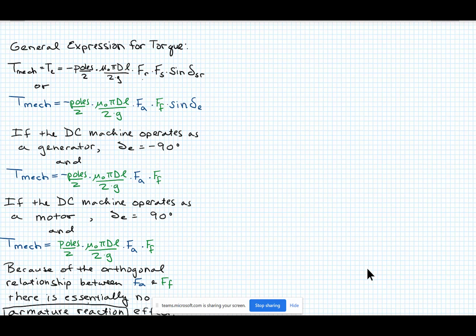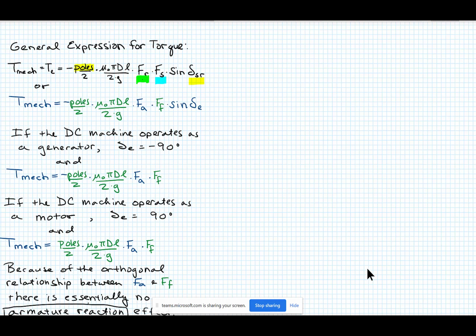This general expression has the two MMFs: the rotor MMF here, that's the field, the stator MMF here, and there's a mechanical angle, which is really your torque angle. And then all this geometry associated with the machine.